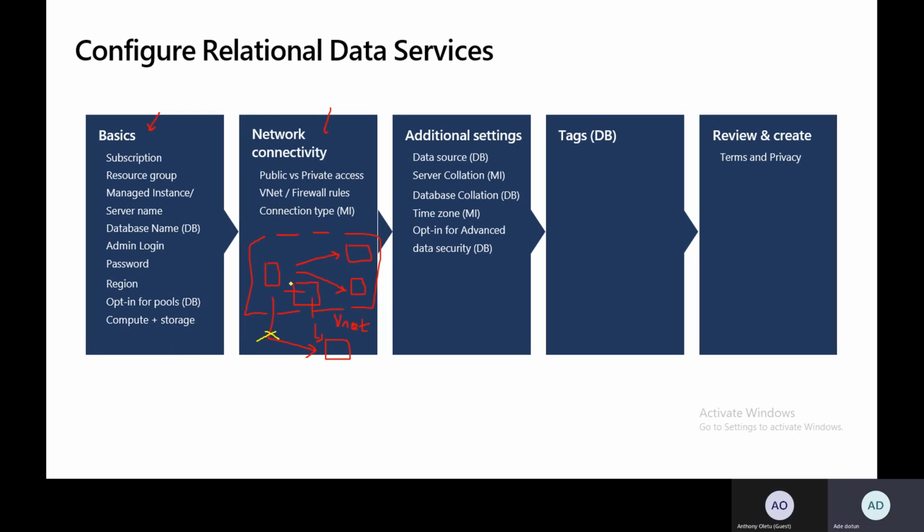So do we want communication to go like this, or do we want communication to go like this? So it has to pass through this virtual appliance. You understand what I'm trying to say?